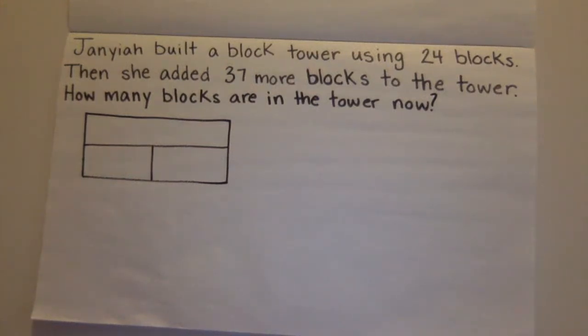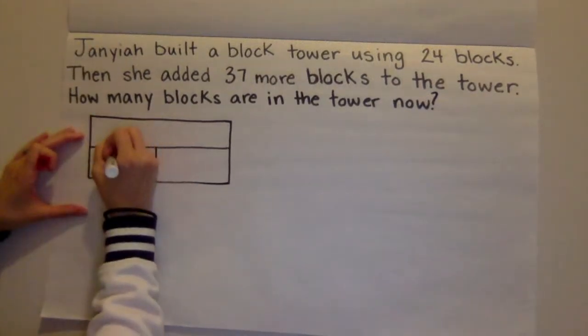Then she added 37 more blocks to the tower. How many blocks are in the tower? Well, we know she built a tower using 24 blocks. Is that a part or is that the total? Yeah, that's how much she started with, so that's just the part.